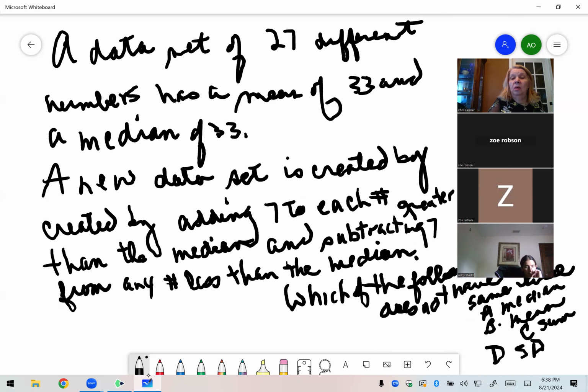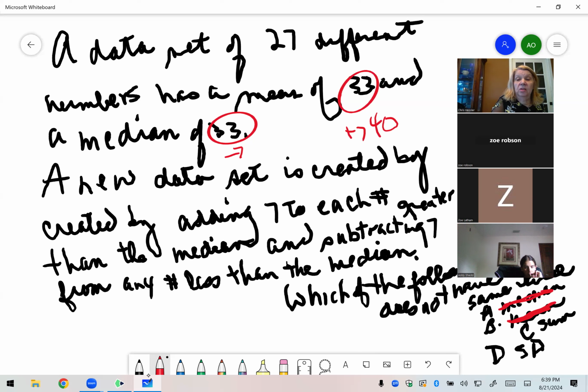Okay, so we know it's not going to be the median, right? Because these are the same. So these two are going to stay the same. So it's either the sum of the numbers or the SD. The sum of the numbers will be the same because if I add 7 and I have 40 here, and I subtract 7 here, these will counter each other.